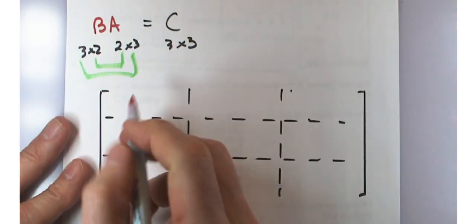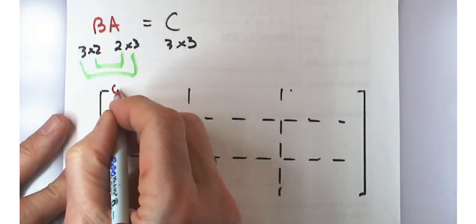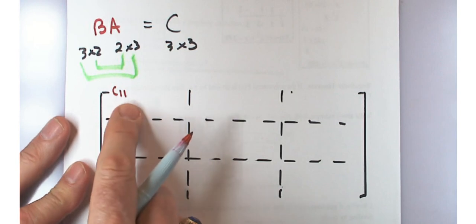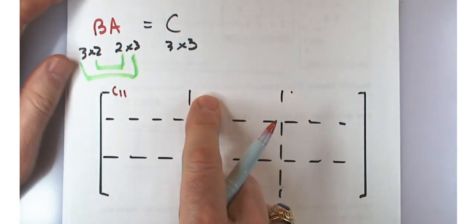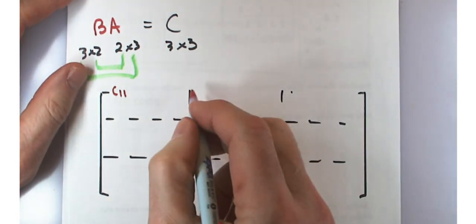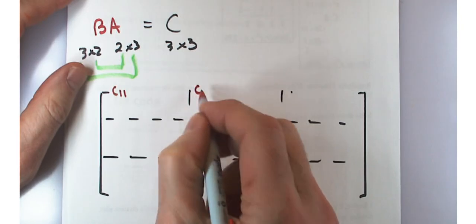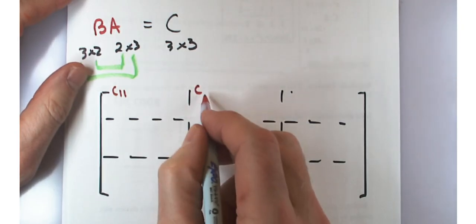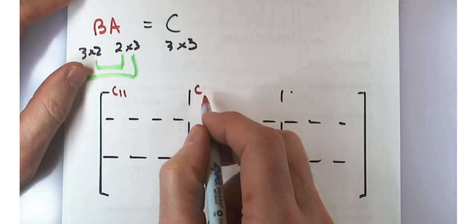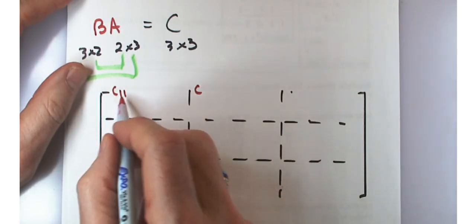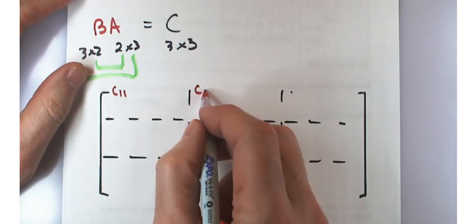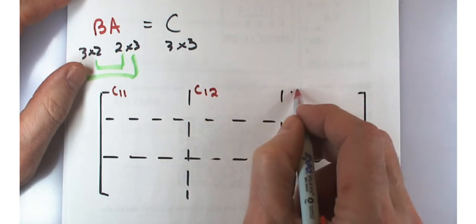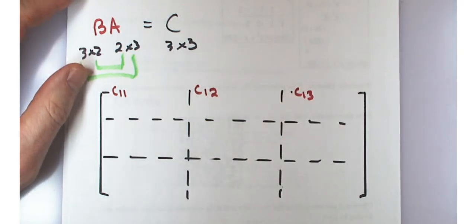And let's give this some labels. That's first row, first column. Lena, what's this next one? What should I write there? Well, this first one was first row, first column. Second one's going to be first row, second column, first row, third column, and so on.